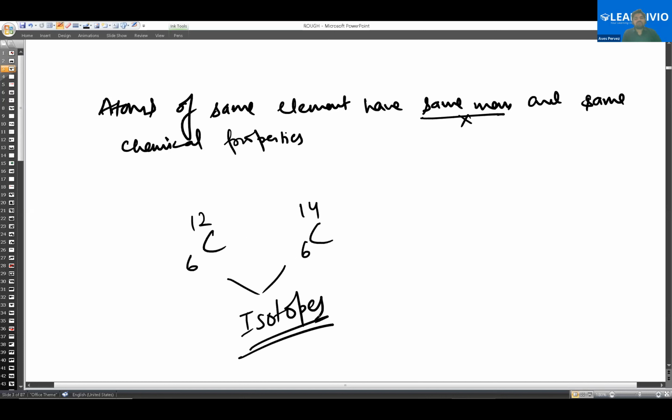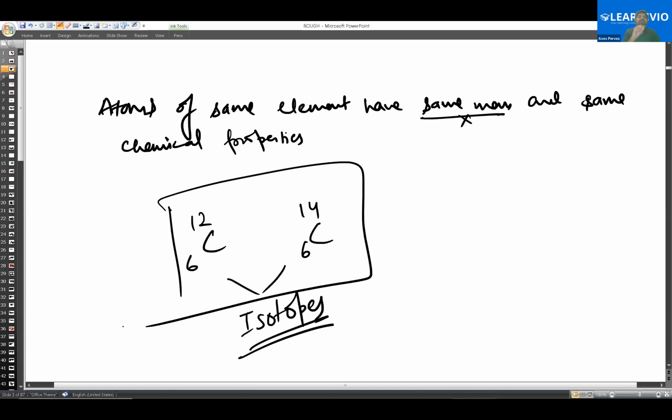So in case of isotopes, the elements are same, carbon, but they have different masses. So same element can have different masses. And why they are going to have different masses, we will discuss in detail in the next chapter, structure of atom. But for now, you have to memorize that this statement, that atoms of same element will have same mass, is not correct.